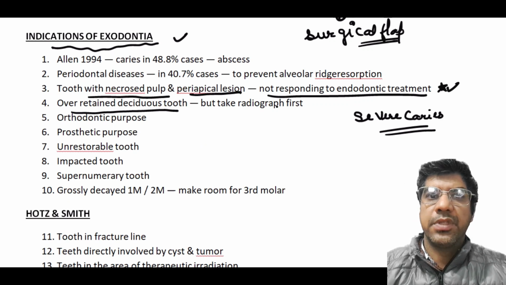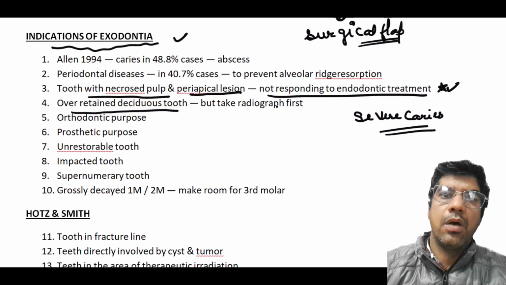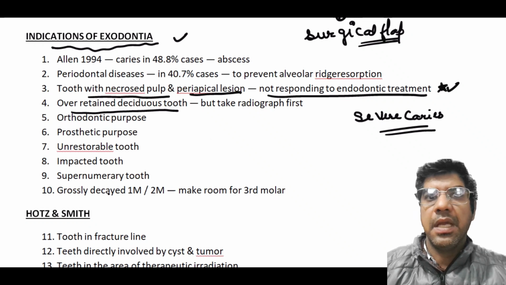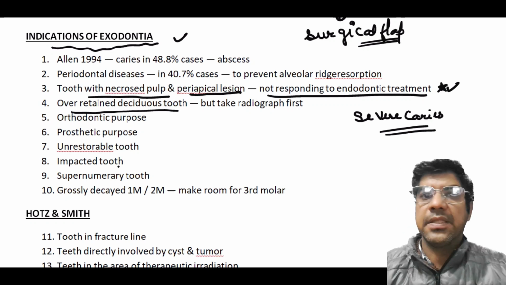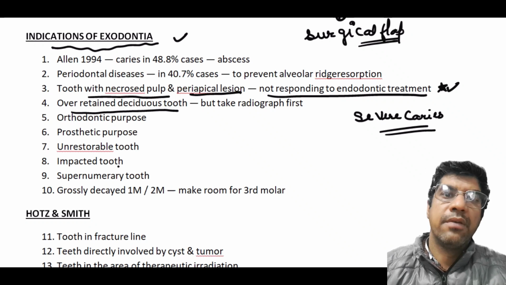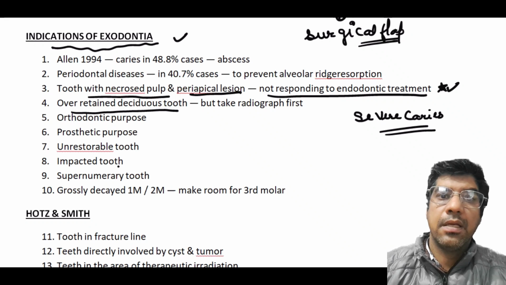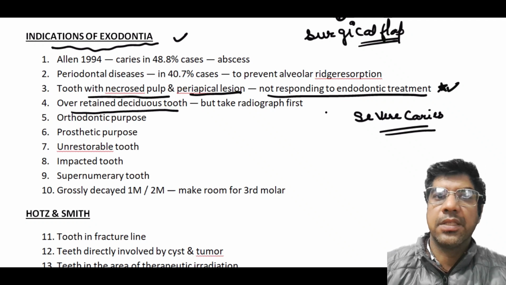Malposed teeth, presence of extra teeth, teeth that are causing constant trauma or are prone to caries, impacted teeth, teeth that are in the line of fracture. Teeth involved in the fracture line are extracted if they are a source of infection or interfere with the fracture reduction.